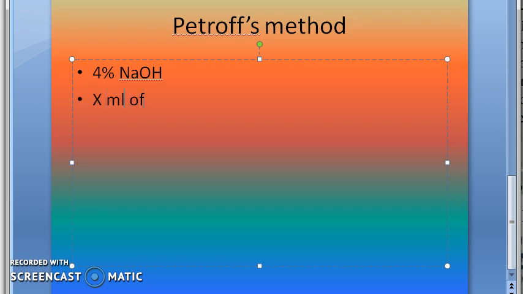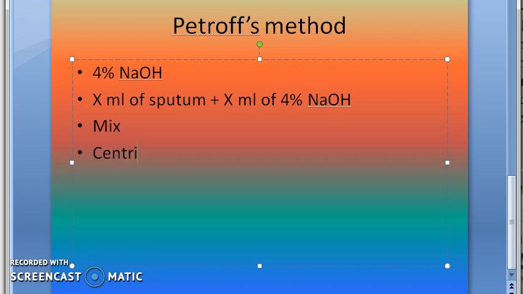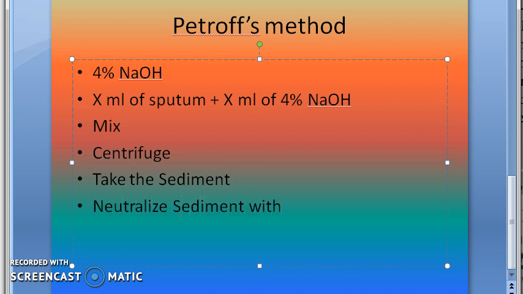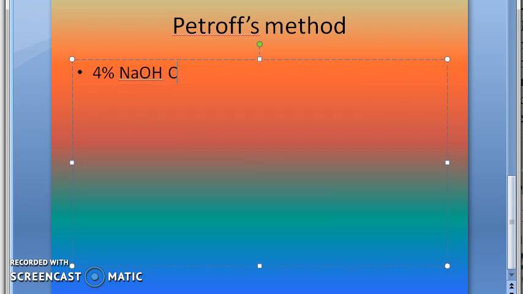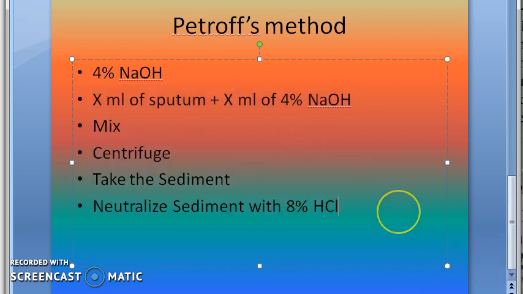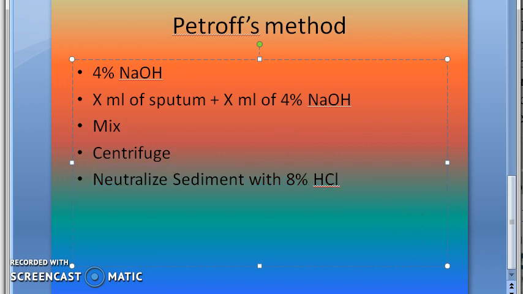So you will take x ml of sputum plus x ml of 4% NaOH, mix thoroughly and then centrifuge it. Take the sediment and neutralize it with 8% HCl.